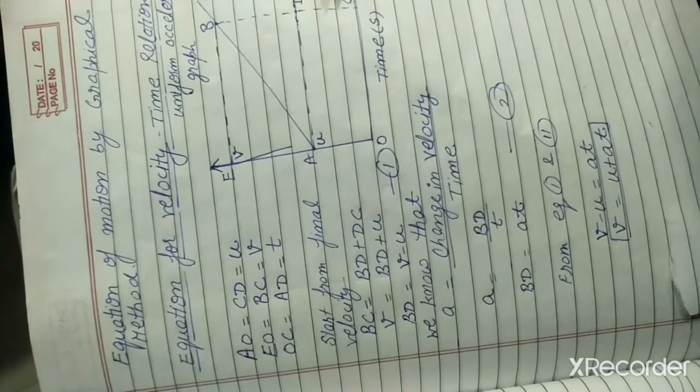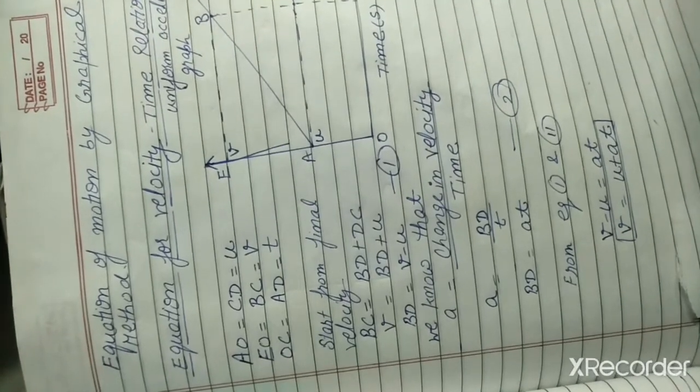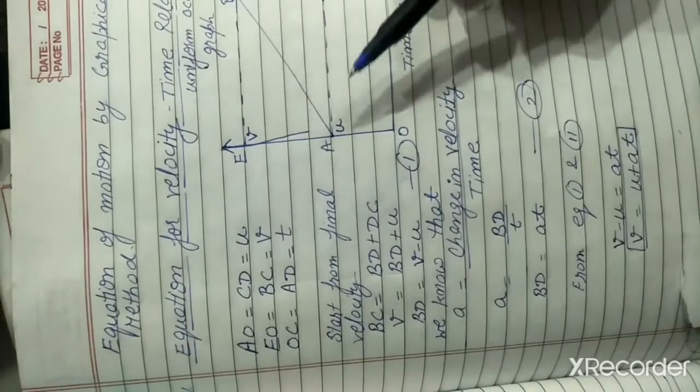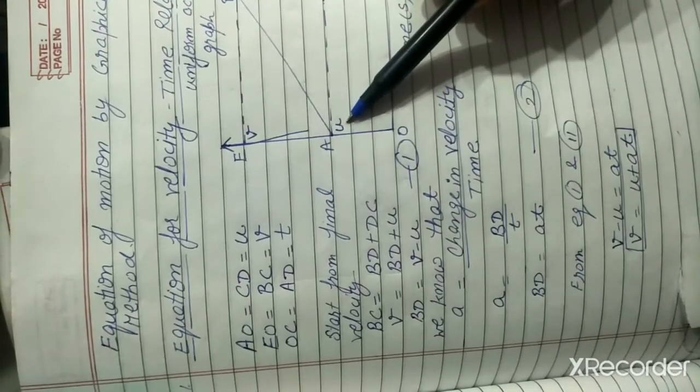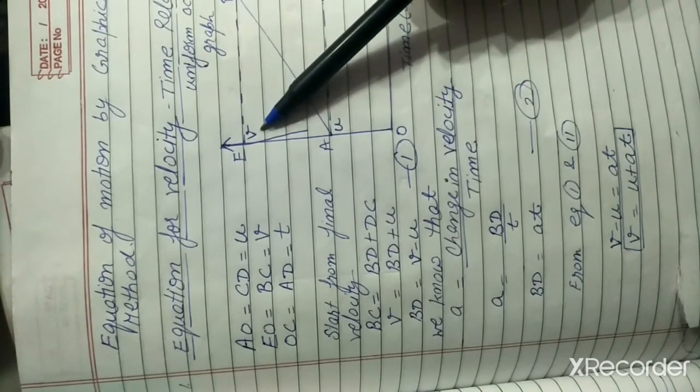When an object starts with some velocity, that is called its initial velocity, which I told you in the previous class is denoted by u, and v is the final velocity.